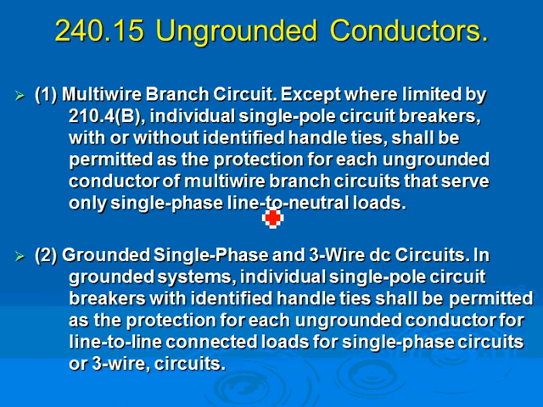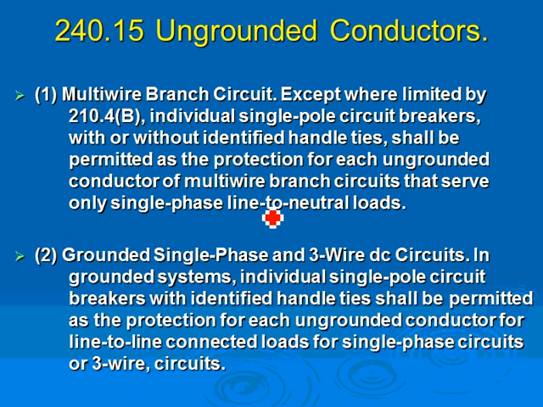For 480/277, line to neutral load, no problem. Like you have a 277 lighting circuit, phase C, B, A, common neutral, no problem, as long as the load is line to neutral. You can put them in any grounded circuit as long as the load is line to neutral and you tie them together with an approved handle and you pull a common neutral.